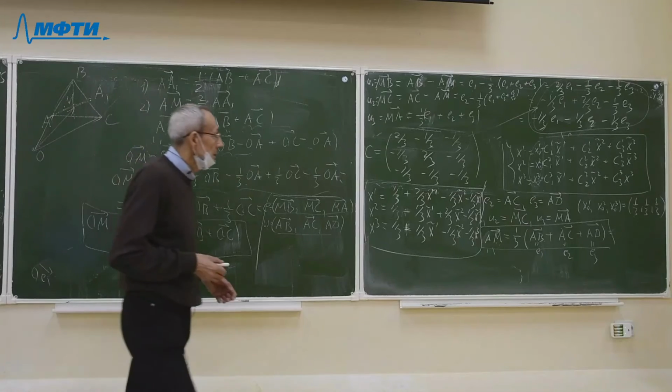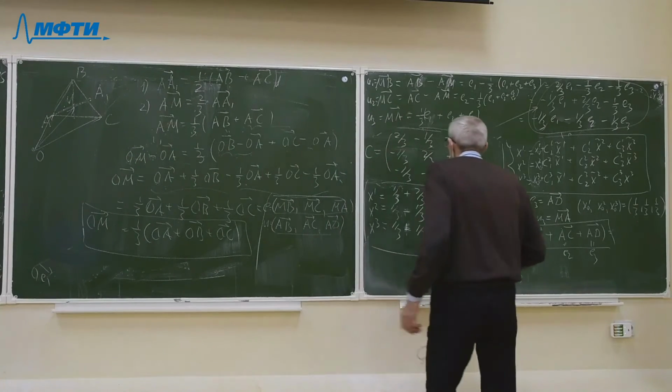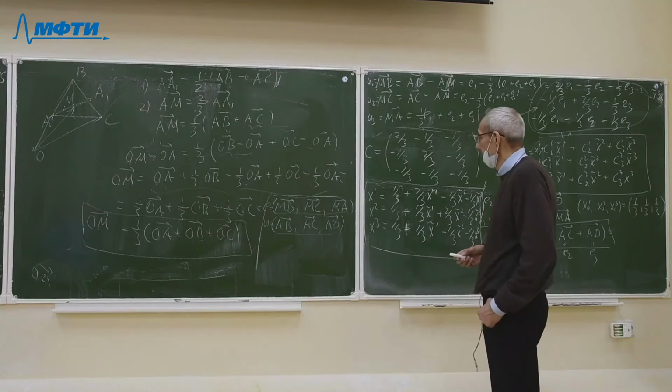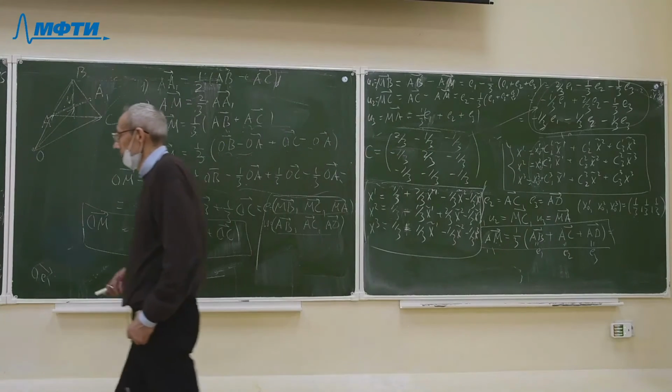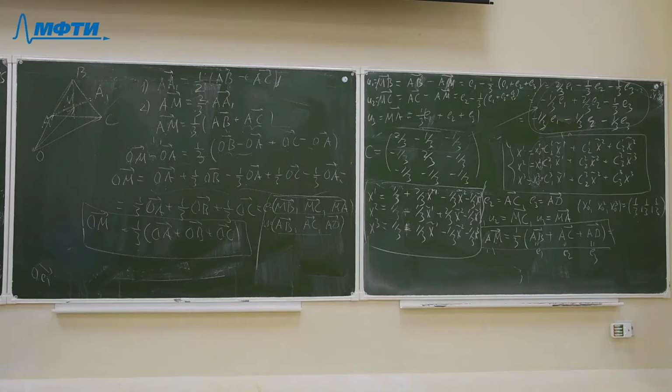We must use all formulas which relate the new and old coordinate systems. And we repeat, the goal is to understand how to connect the coordinates of the point in the old coordinate system with the coordinates of this point in the new coordinate system.